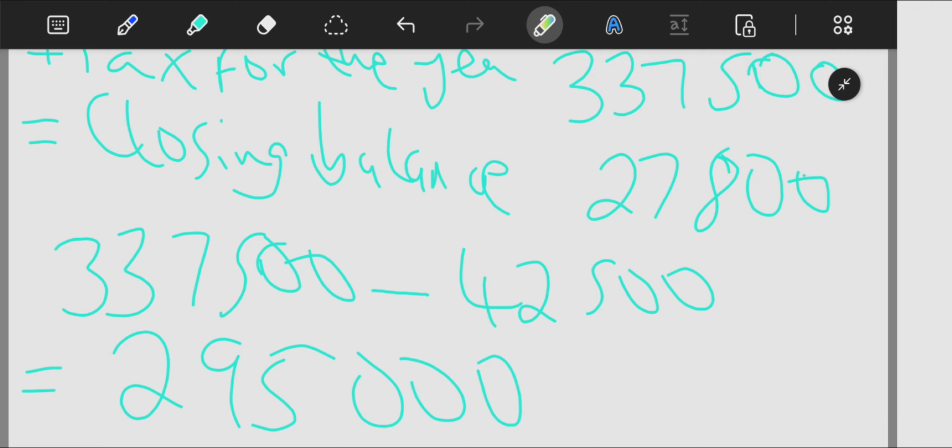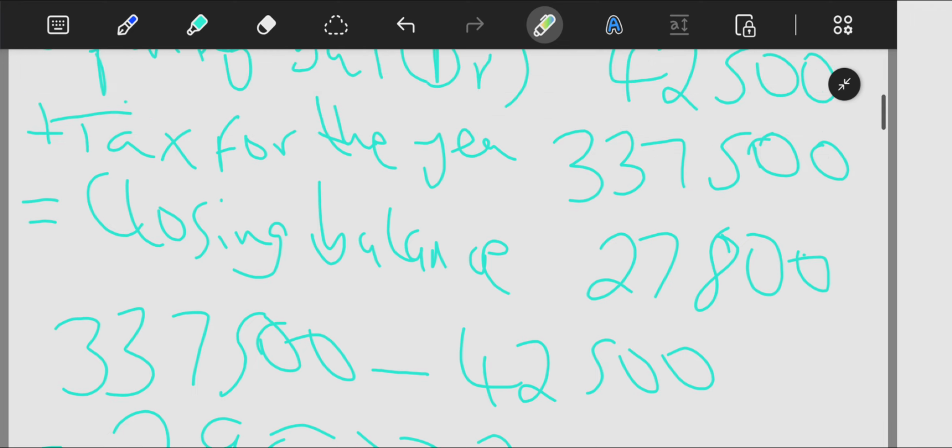Right. Now, the closing balance is 27 and it's a credit balance, meaning that we owe them.